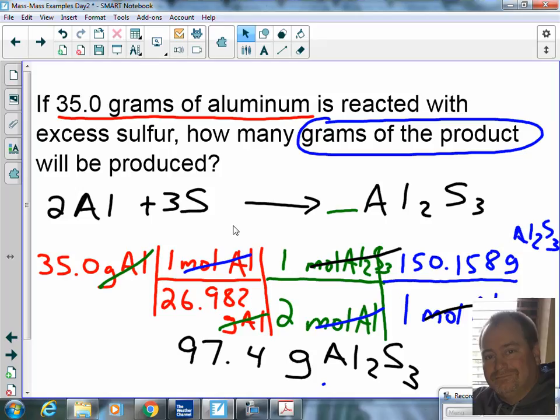So if I have 35 grams of aluminum and plenty of sulfur to go with it, I should create 97.4 grams of aluminum sulfide. Okay?